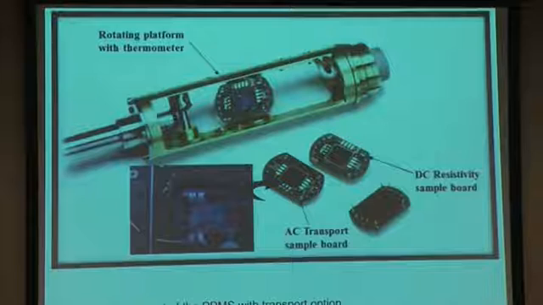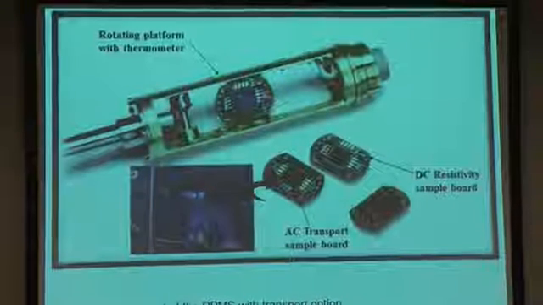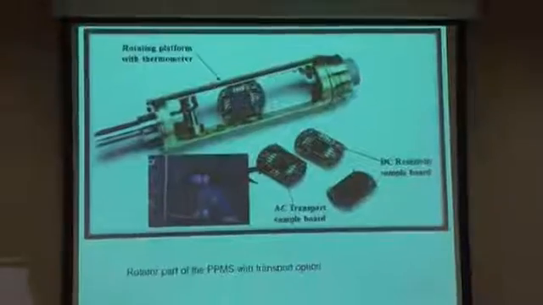This is the Quantum Design Physical Properties Measurement System. You can get them with 14 Tesla, with 9 Tesla, with 7 Tesla, depending on the DC field you want. The price also varies. Anyway, it's about $500,000, a good system with many options.